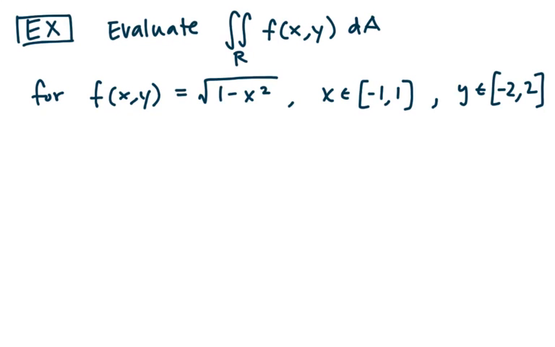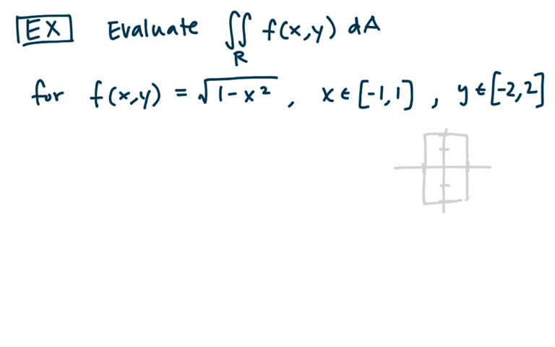Let's look at an example. So here, we're going to evaluate a multivariate function over a rectangular region. The function is the square root of 1 minus x squared. And my rectangular region, of course, you're always going to want to be sketching these regions, we've got 1 and -1 on the x-axis, +2 and -2 on the y-axis.